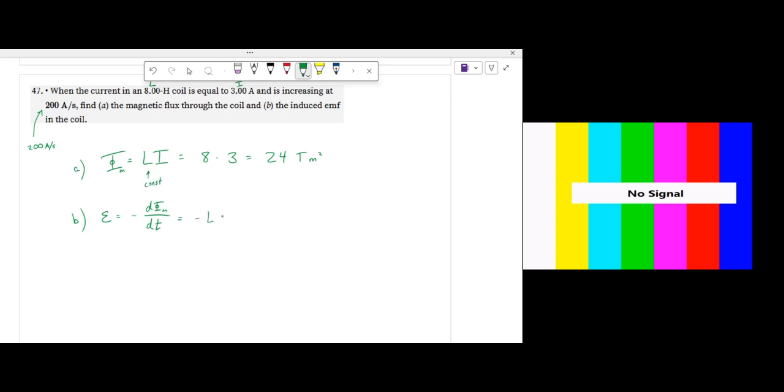So that's minus L di dt. I think that's what I meant to write here. So that's going to be minus 1,600 volts, or minus 1.6 kilovolts.